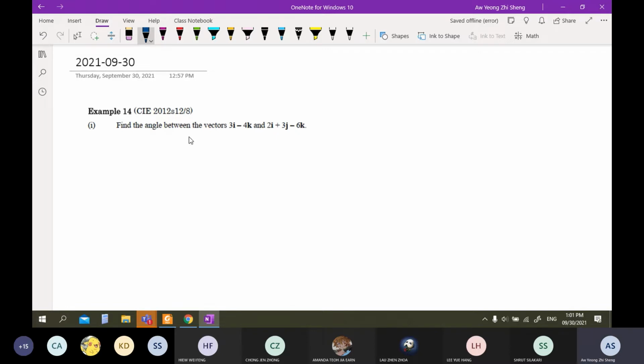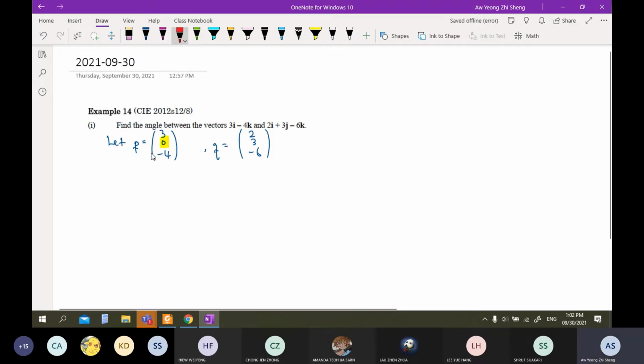So for easier referencing, I'm going to just name these two vectors. I will let P to be 3i minus 4k, Q to be 2i plus 3j minus 6k. And make sure to fill up this 0 here on your own because the j component has a 0 coefficient. I'm introducing the names P and Q just for easier referencing.